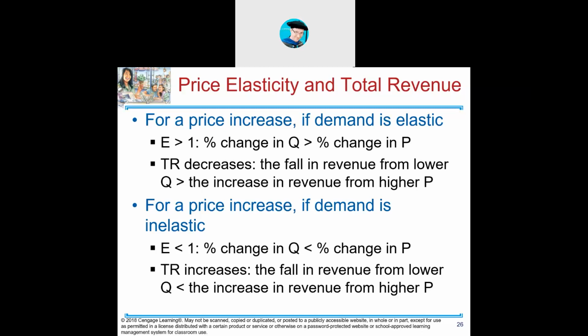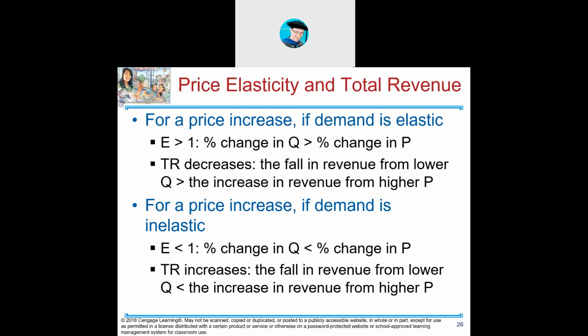The total revenue will decrease if there's a price increase when the fall in revenue from the lower quantity is greater than the gain from the higher price. If my quantity decreases, which I would expect if I raise prices, then I'll have less total revenue because I'm selling less.